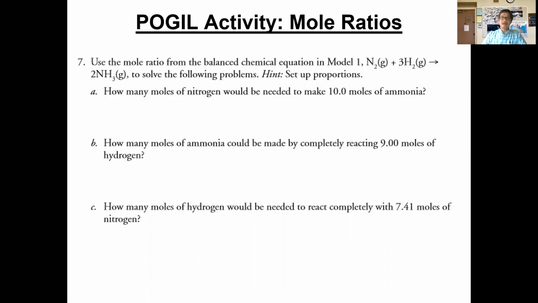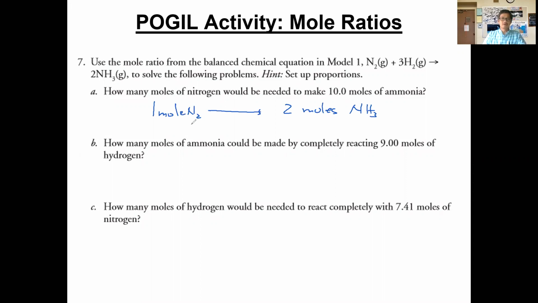But what essentially they're asking you to do in this one, folks, is that if we have, for example, 1 mole of nitrogen, we know that we would form 2 moles of ammonia. That's what we saw on the previous slide. If we start out with 1 mole of nitrogen, we will get 2 moles of ammonia.